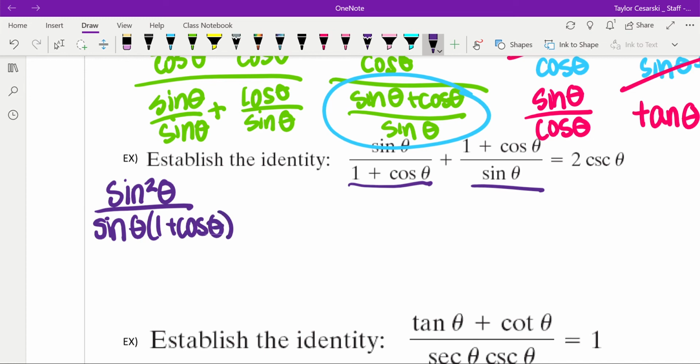And then 1 plus cosine of theta times 1 plus cosine of theta. So 1 times 1 is 1, plus 2 cosine theta, plus cosine squared of theta.